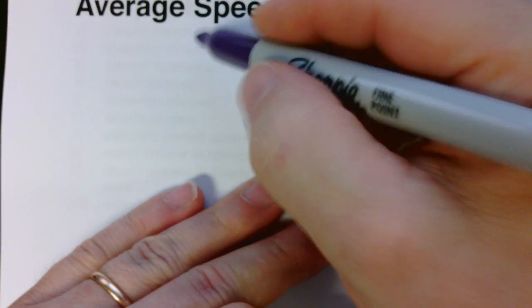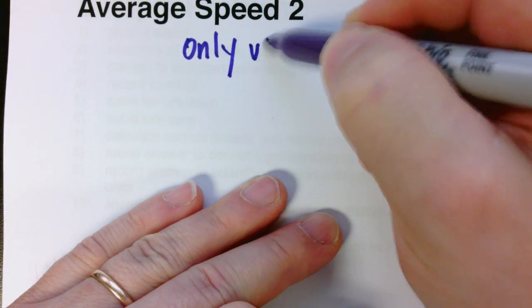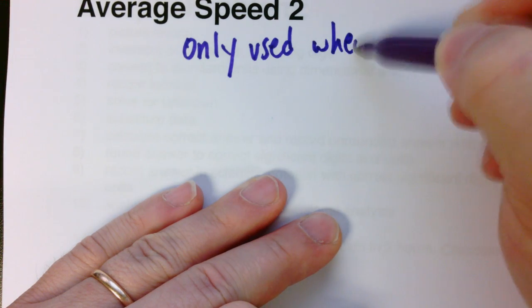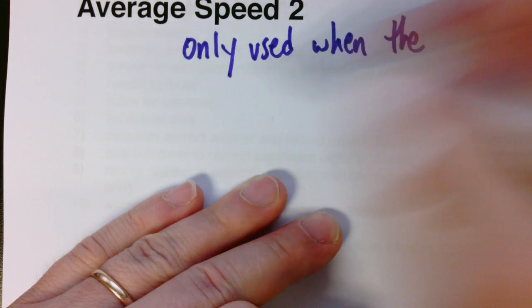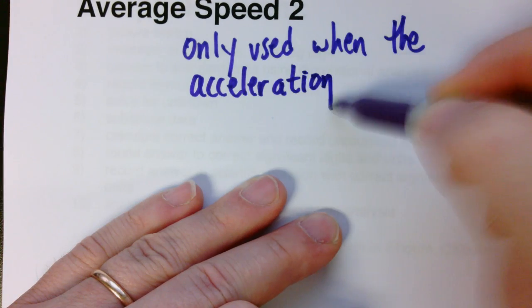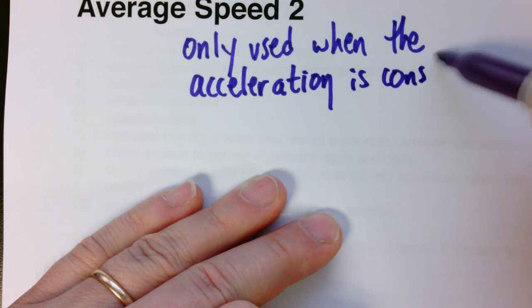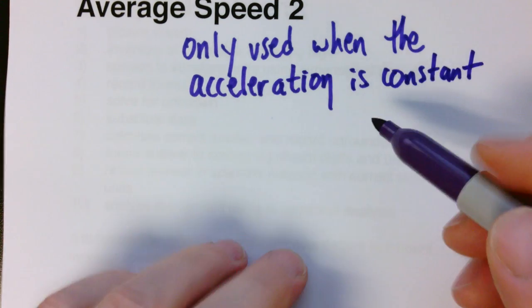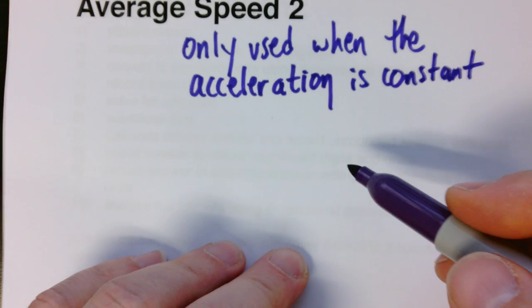There is another formula for average speed, and this one is special. This formula can only be used when the acceleration, which we will speak more about later, is constant. So what is this formula for average speed?